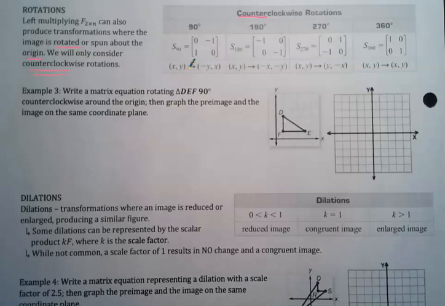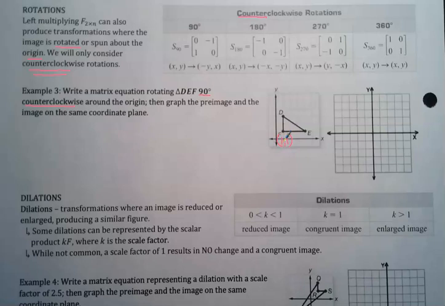All right, so example 3, we're going to write a matrix equation rotating triangle DEF 90 degrees counterclockwise around the origin. Then we're going to graph the pre-image and the image on the same coordinate plane. Let's look at DEF and get our points. F is 1, 1.